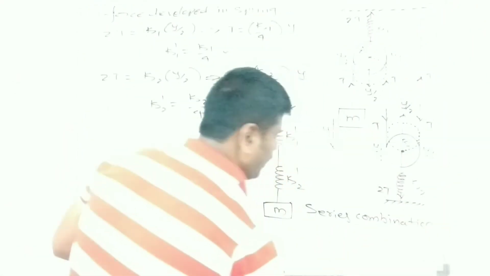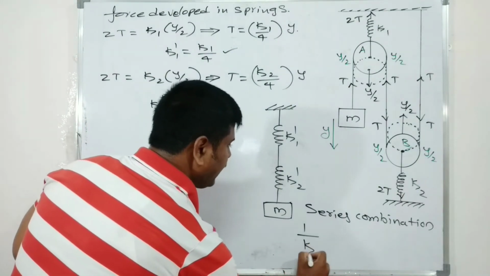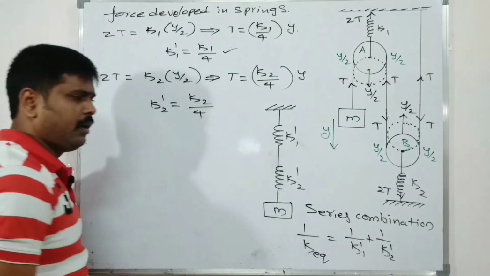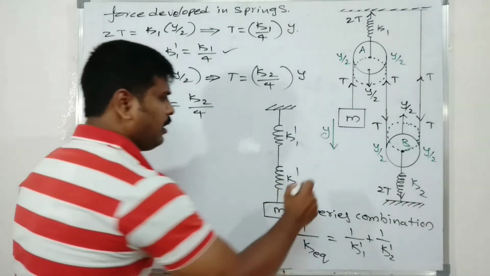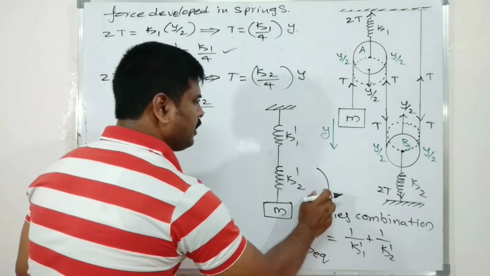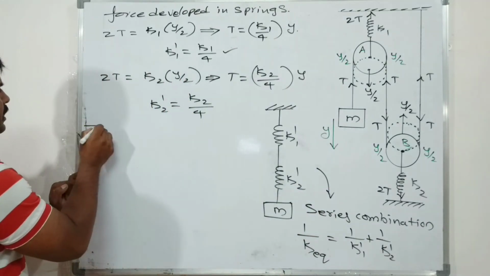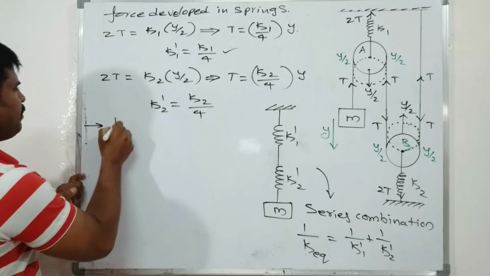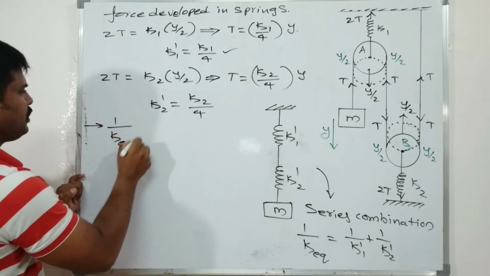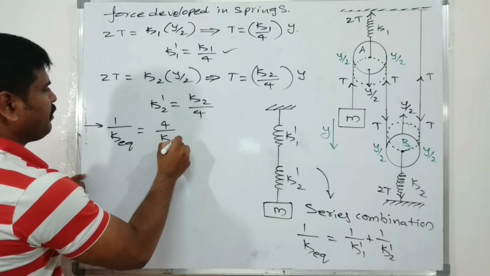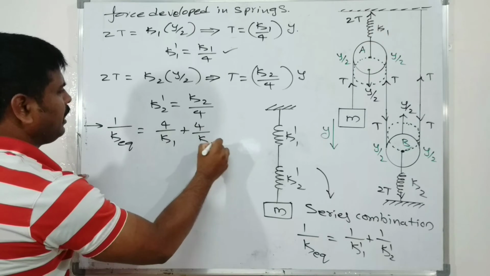What is the formula for series combination? 1 by K equivalent is equal to 1 by K1 dash plus 1 by K2 dash. So this is the series combination for the given question. Now the values: 1 by K equivalent is equal to 4 divided by K1 plus 4 divided by K2.